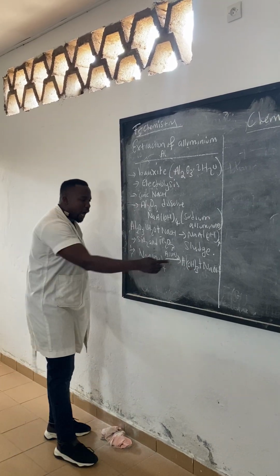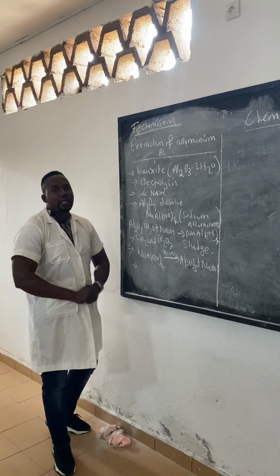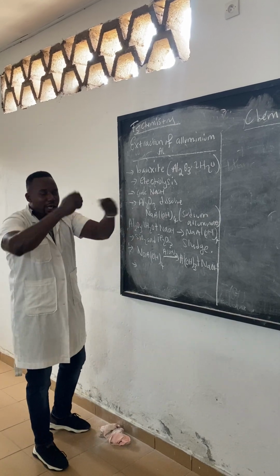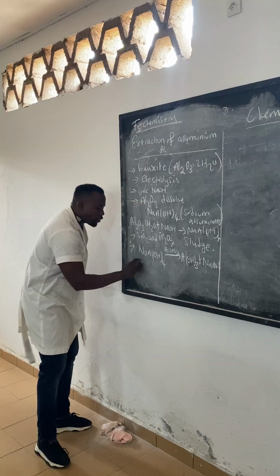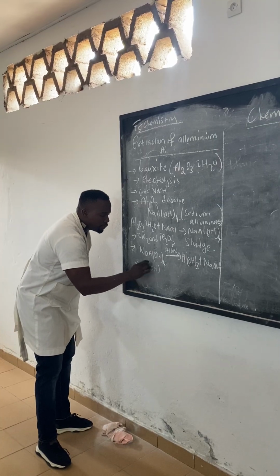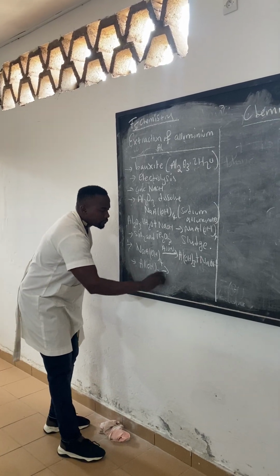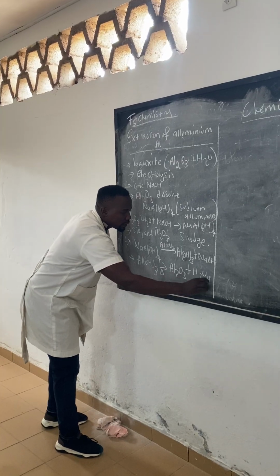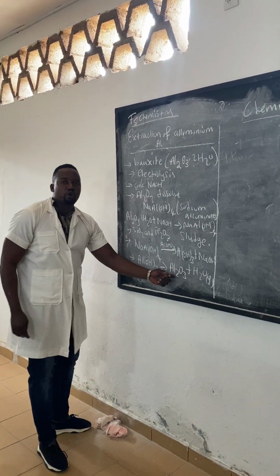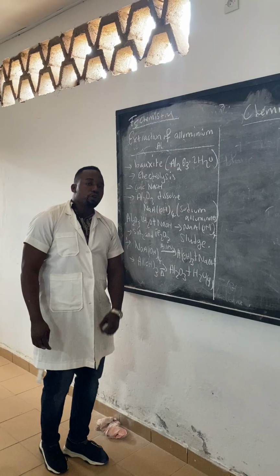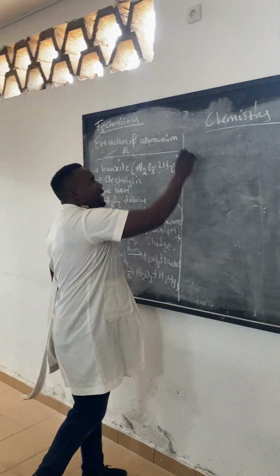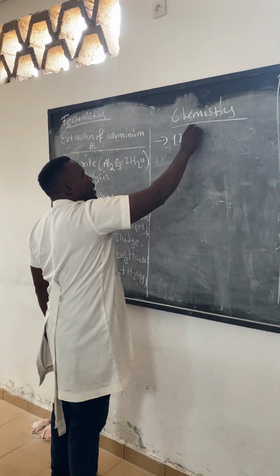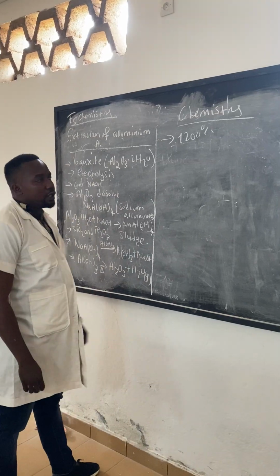I will say this: aluminium hydroxide is filtered, it is washed, it is dried, then it is heated strongly to produce pure aluminium oxide. This is the pure aluminium oxide produced. This pure aluminium oxide has a very high melting point of about 1200 degrees Celsius.